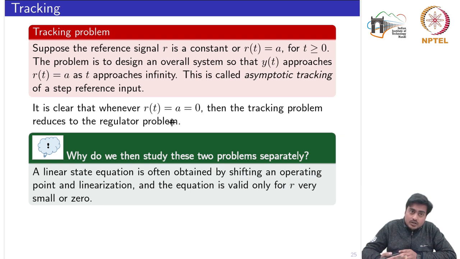Now these operating points may change from time to time depending on the operating conditions. So whenever the operating condition changes, the reference signals would also change. We need to ensure that for the same system, when we linearize around different operating points resulting in different reference signals, all those signals should be trackable.